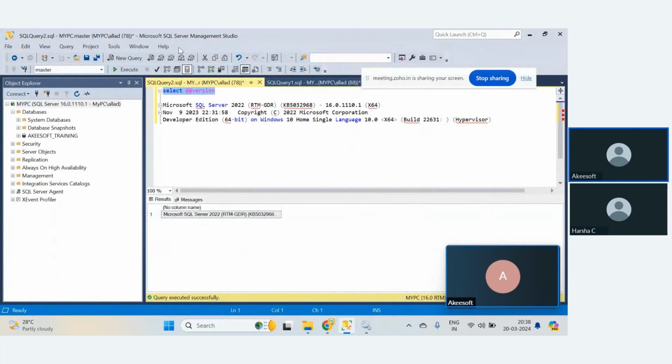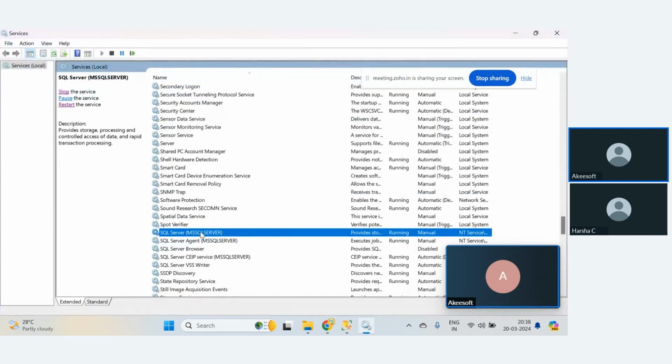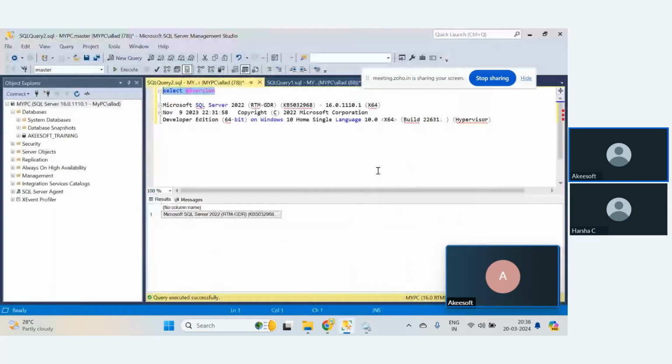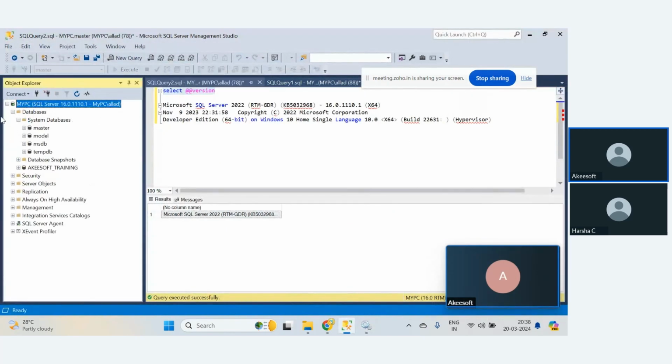This is the Microsoft SQL Server Management Studio, in short called SSMS. It is used to show what is happening in the background of the software. As I told yesterday, when we install this software, this one comes by default.